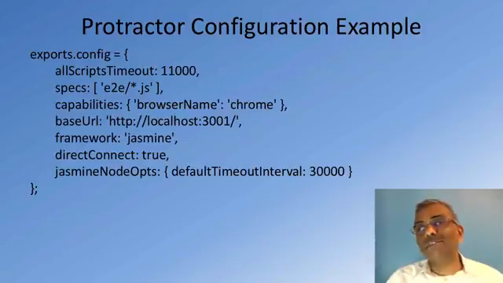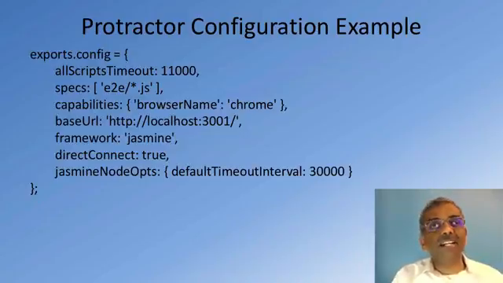You can name it whatever you want as long as it ends with .js. That could contain your configuration, but naming it with the standard convention makes it easier to understand what this file is actually containing. So we will name it protractor.conf.js, and that file will contain the configuration that I show here.